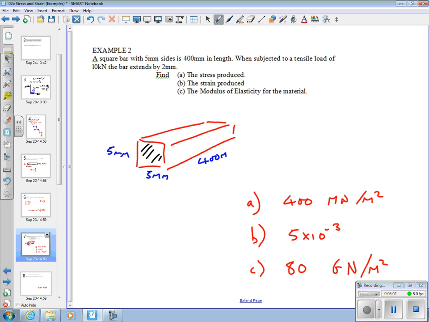If I want the modulus of elasticity, really I need it in newtons per square metre. So there's a good case for converting all these lengths to metres so that you get the right units in this final answer. Not so important for A and B, but for C you need to be in square metres. So convert each of these dimensions to metres, 0.05 metres, for example.